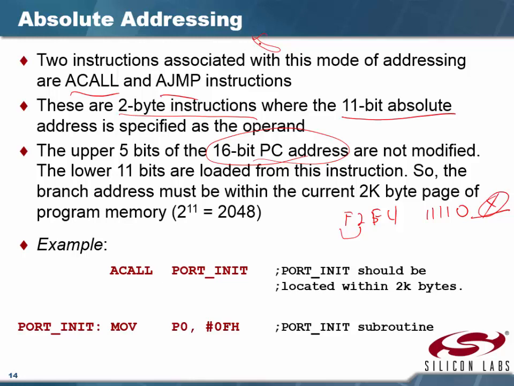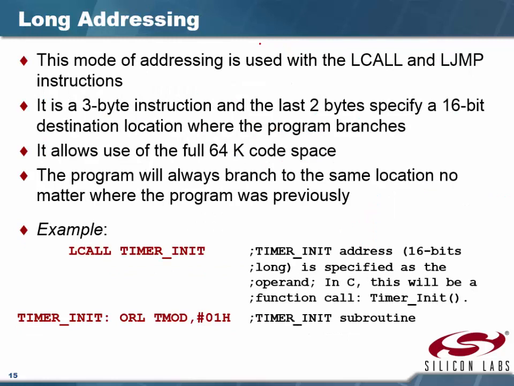I find it easier to just go ahead and use the long. With the long, you specify the full 16-bit address. Now remember that this is code: the short jump, the absolute jump, and the long addressing, these three jump instructions, addressing modes, are all within the code segment. So you've got 64K there.